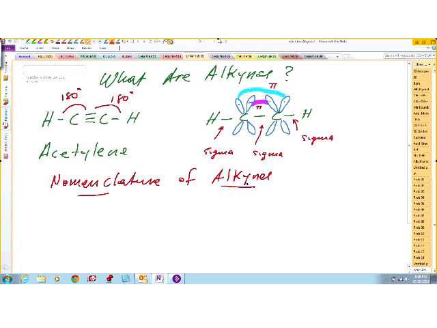For the nomenclature, the name of the alkyne is derived from the name of the corresponding alkane molecule, just as in the case of the alkenes. For example, the simplest alkyne, which is acetylene, that is the common name, the corresponding alkane will be this molecule here.